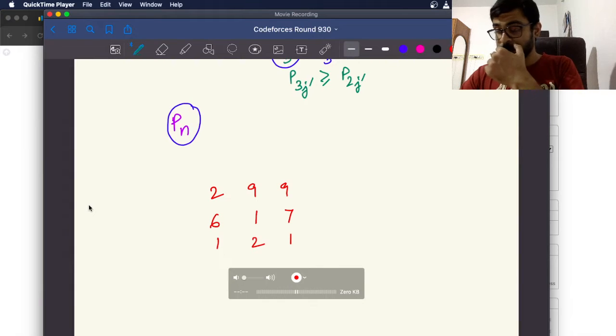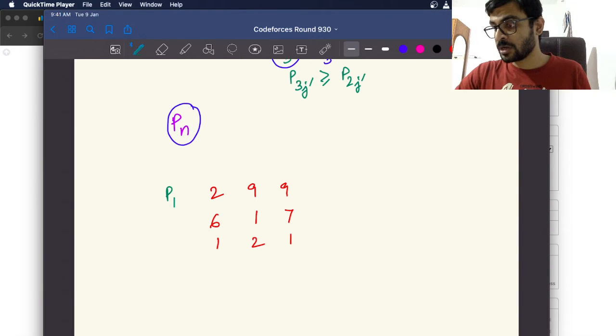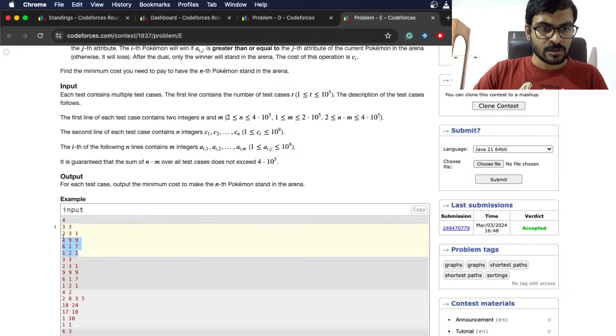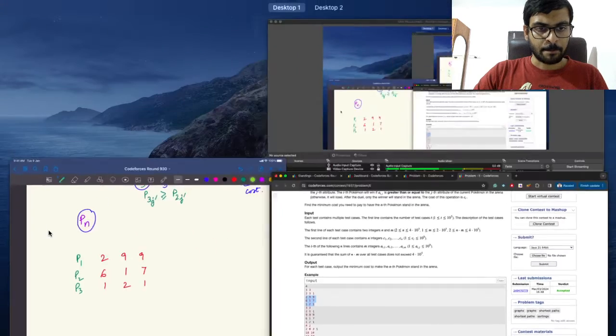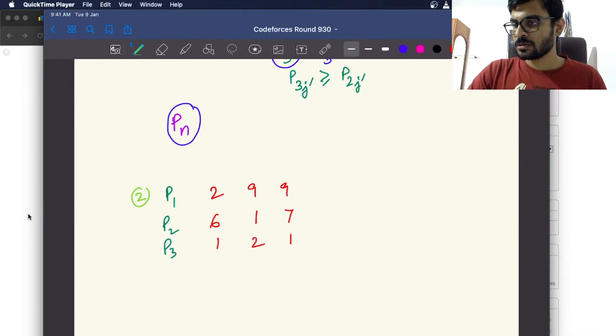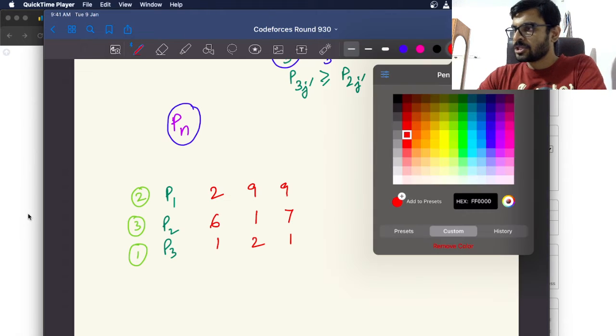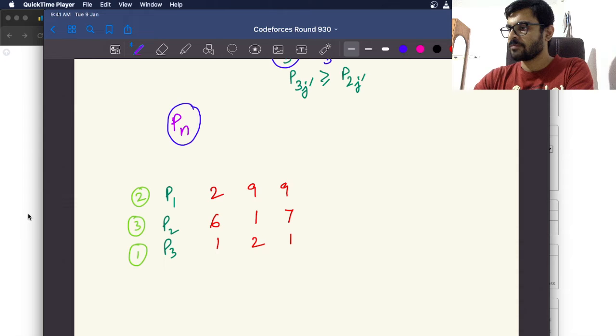These are for the three Pokemons P1, P2, P3, and their costs for launching them are 2, 3, 1. Now, initially P1 is there, that is given, so I will have P1.